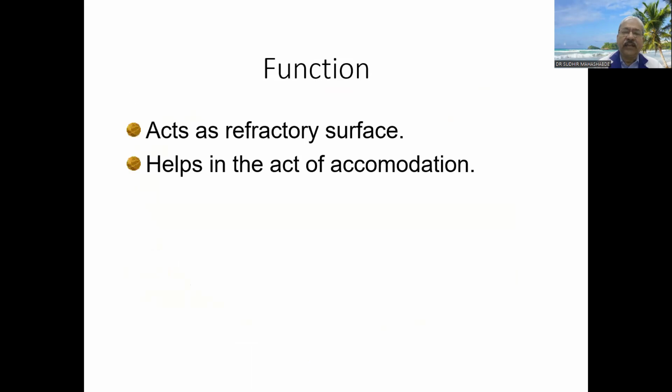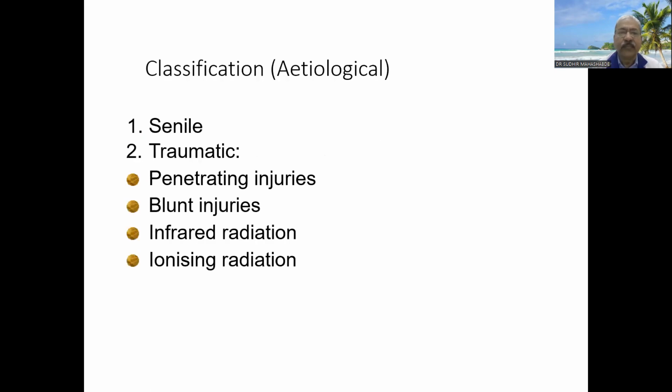It works as a refractive surface, and the natural lens also helps in accommodation, meaning adjusting the light to be focused on the retina for distance as well as near. We can see a near object by changing the refractive power of the lens, and that is the function of the lens. So once the lens is removed, this function of accommodation will be lost.